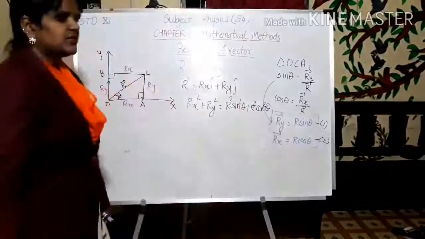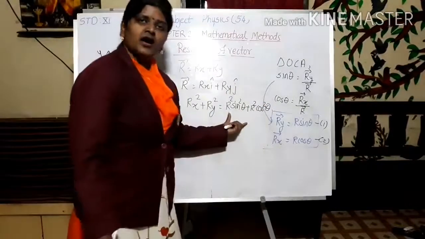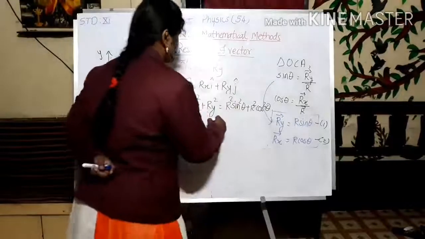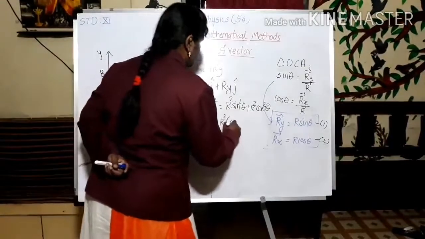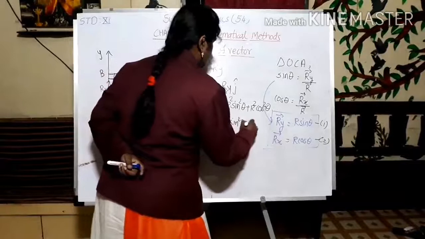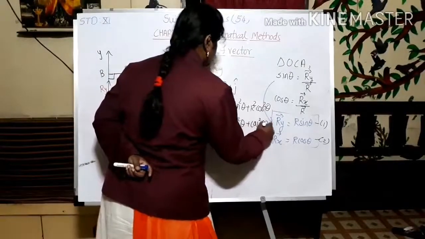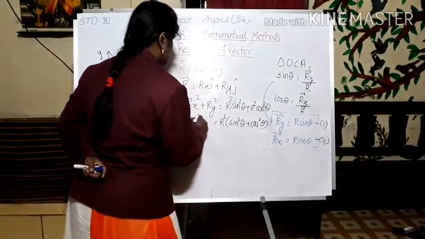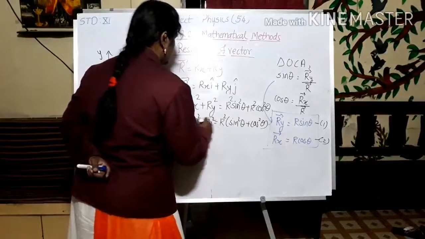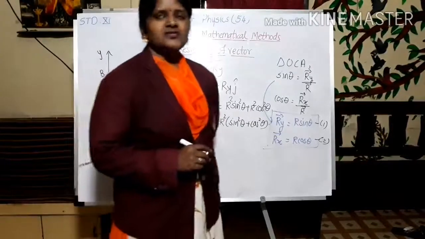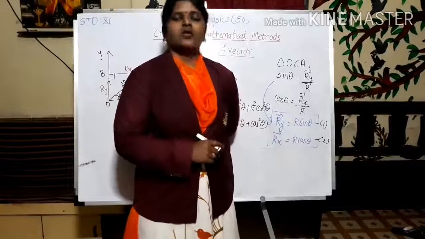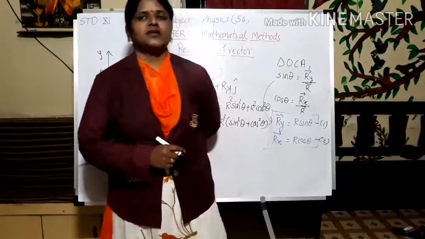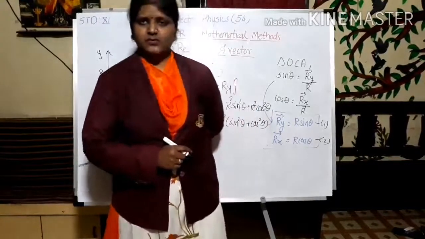Is it right? If I take common R square, then what will be there inside the bracket? It will be sin square theta plus cos square theta. What is sin square theta plus cos square theta? It is 1. Always sin square theta plus cos square theta is always 1.